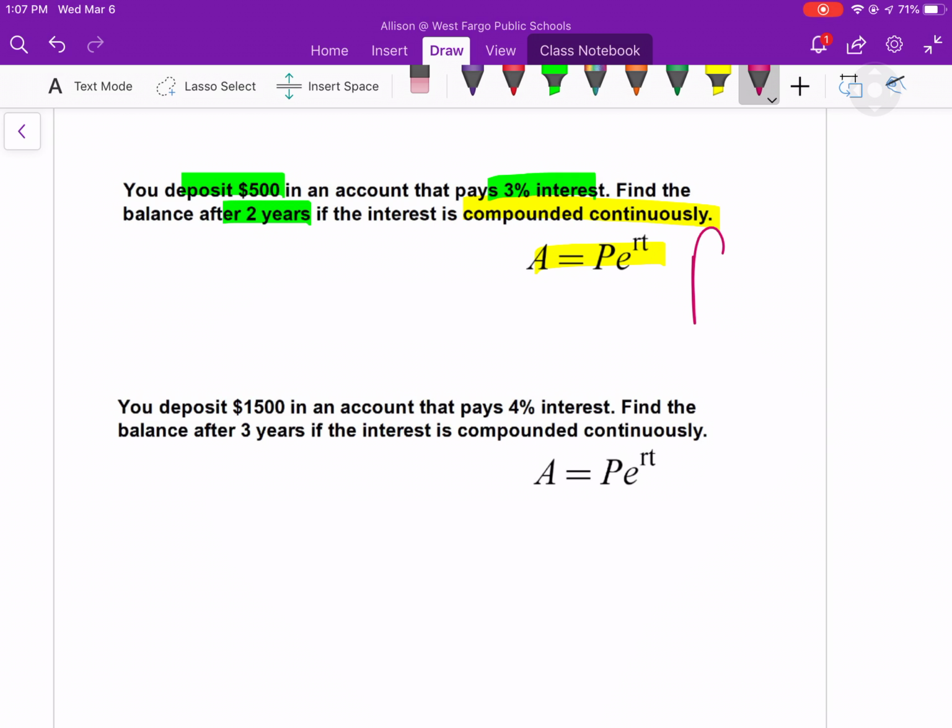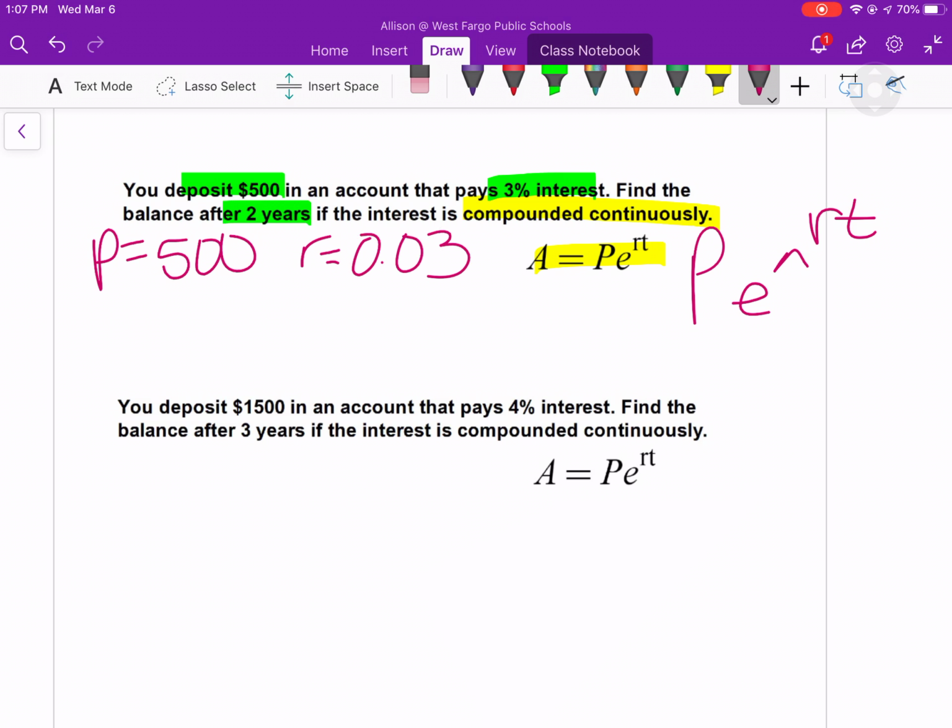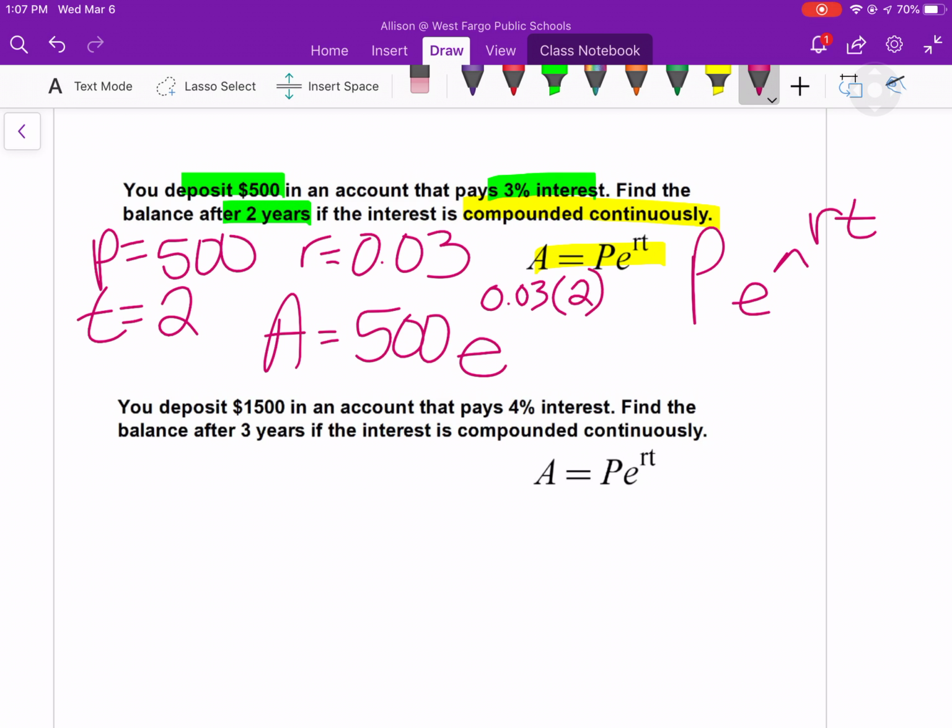So when we plug in, our P is our initial amount of $500. Our rate is 3%, so that's 0.03. And I want the time after 2 years, so T is 2. So the total amount will equal 500 times E to the power of 0.03 times 2.